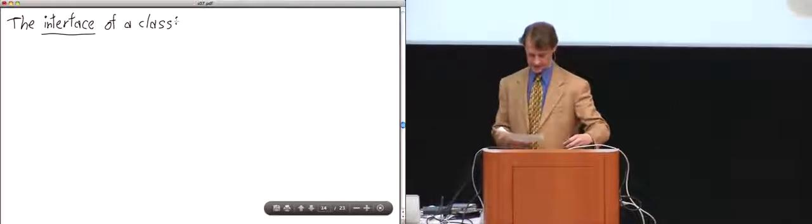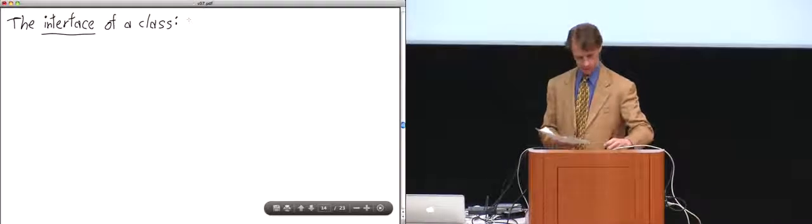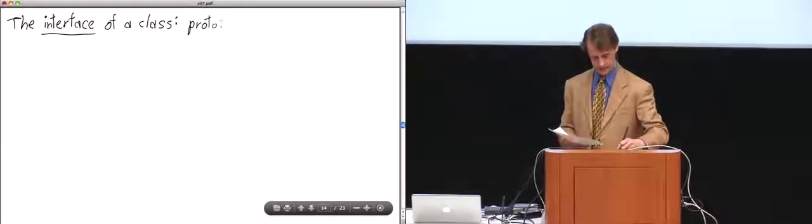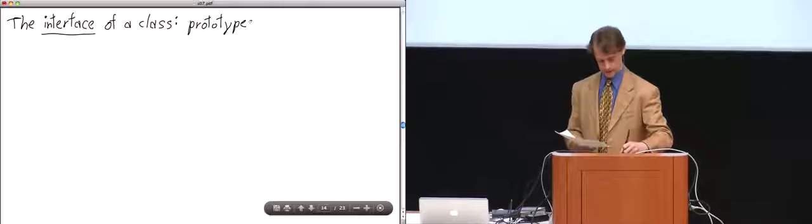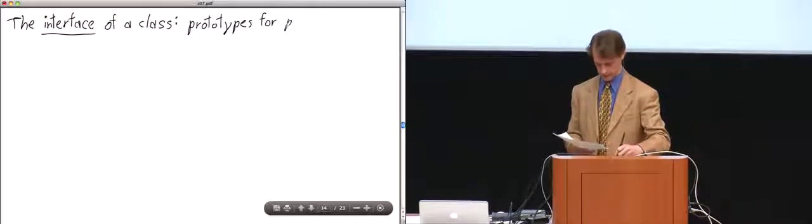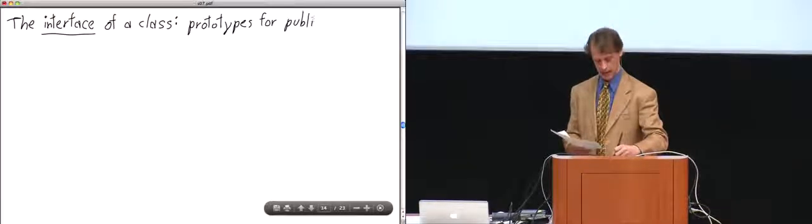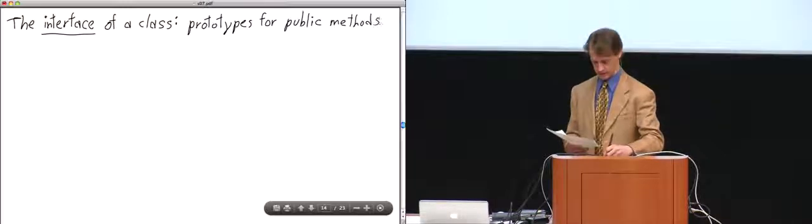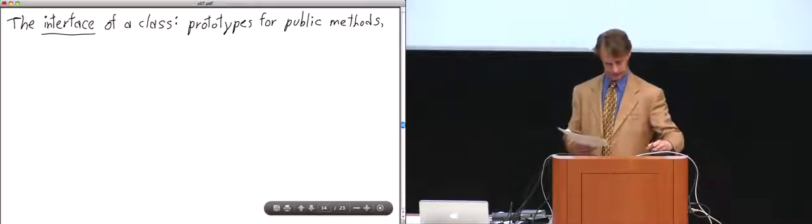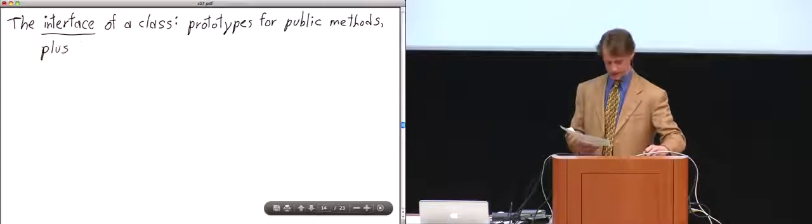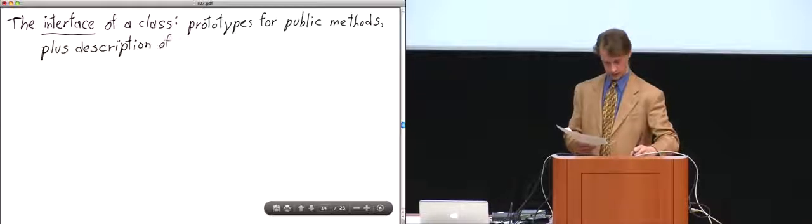And the interface consists of the prototypes for all the public methods, and sometimes also for public fields. And in addition to that, you include a description of the behaviors of those methods.